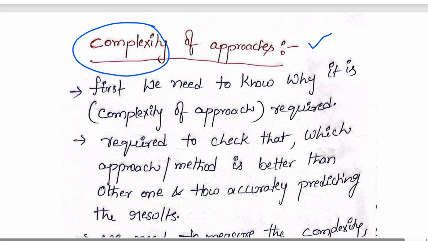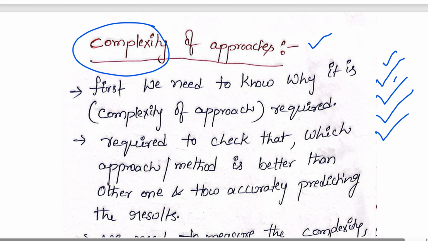Because we need to check the model accuracy, how it is working, which approach is better than the other one, which method is accurately predicting the results, and which method is suitable for our required inputs. To know all these things, we need to check the complexity of our methods.